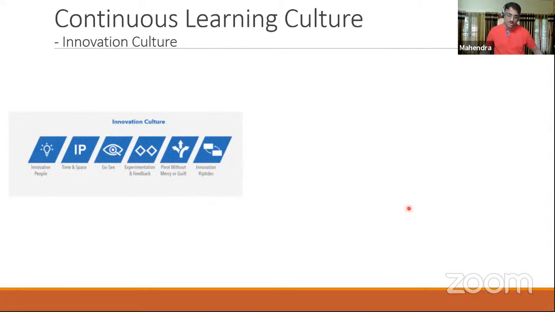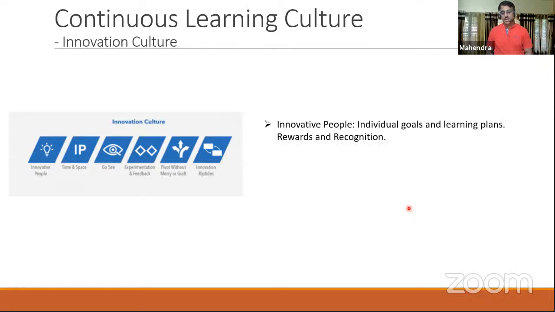And innovation is a cornerstone. So innovation culture is paramount. In fact, we'll have to see how we do this. It could be the individual goals or the learning plans that we have, the rewards and recognition. All should encourage innovation. When you say learning plans, I've seen organizations wherein a calendar invite is sent for 1 hour per week as a learning hour.